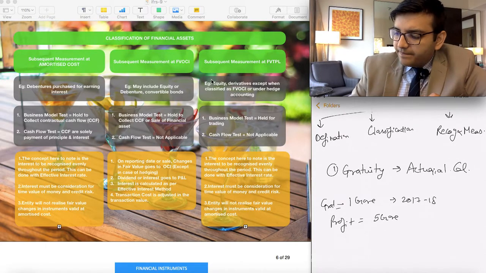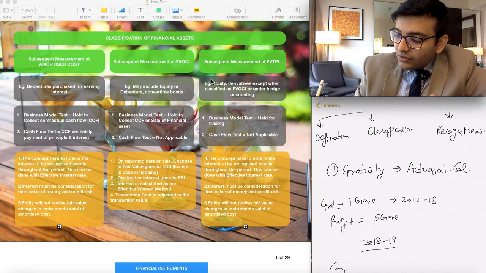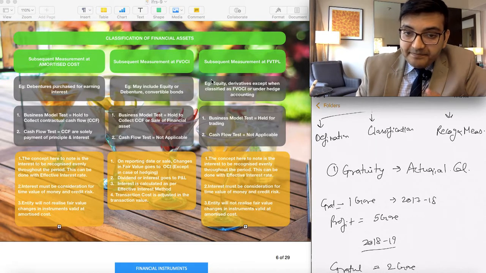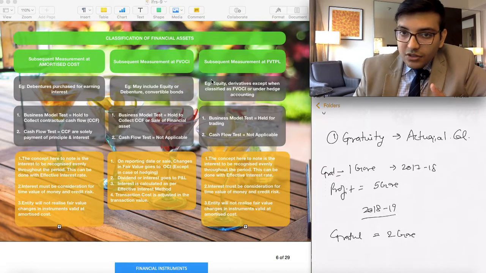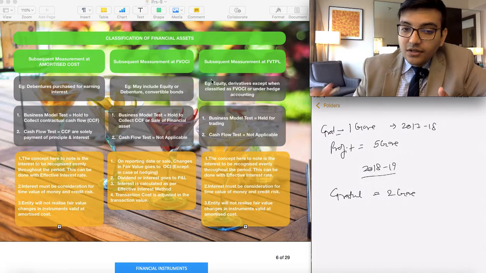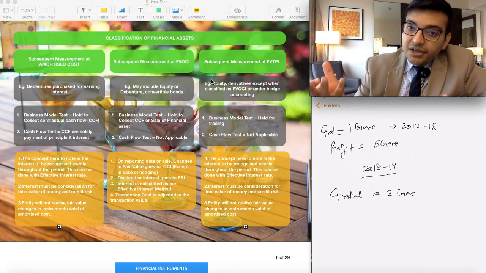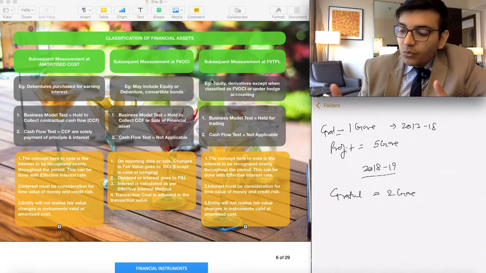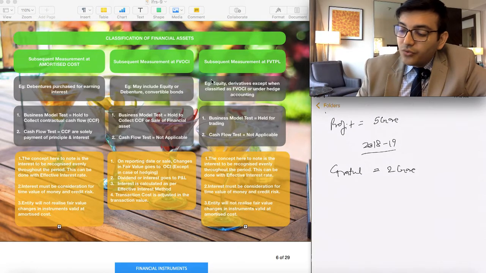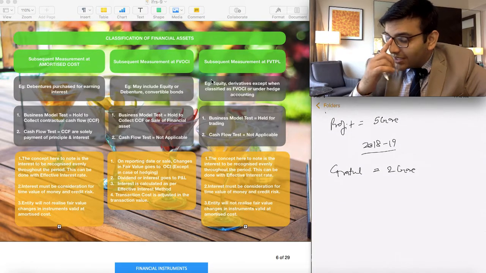Now in the next year, 2018-19, this gratuity provision increased to 2 crore, double. We don't know how, because practically speaking, nobody knows how. Only the CFO or the head of finance knows how this is coming, because they deal with this kind of thing. Otherwise, if you have time, you can go into it and understand the actuary's calculation.